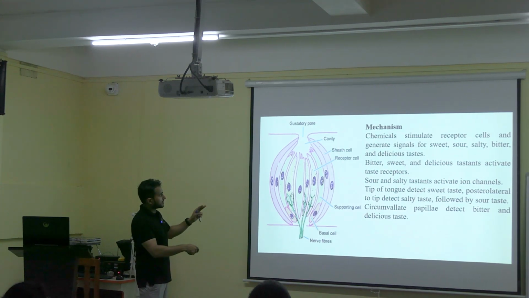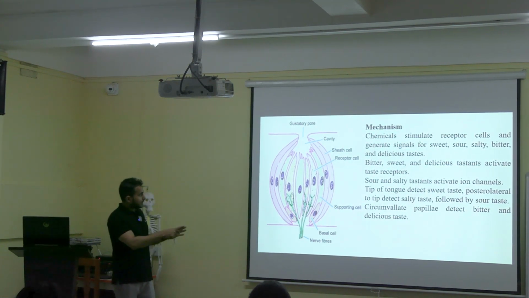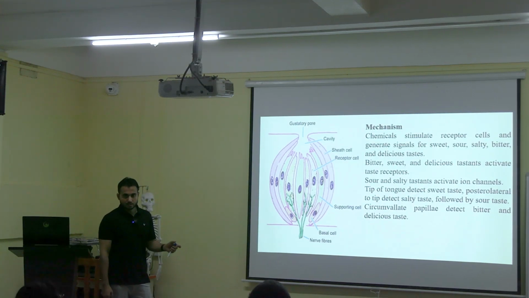The remaining two types of cells, as I said: the receptor cell, which I have already discussed, and another, the sustentacular cell. These sustentacular cells are also elongated cells extending from the basal lamina to the pore. So these three different types of cells are present.